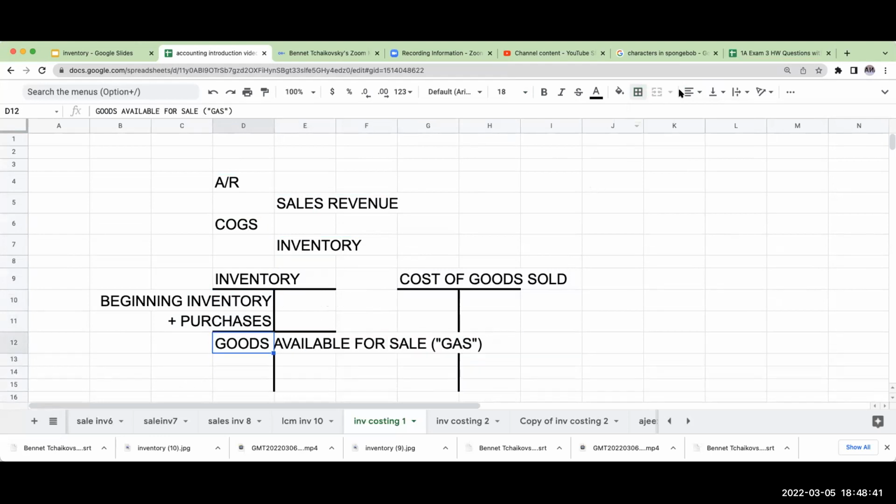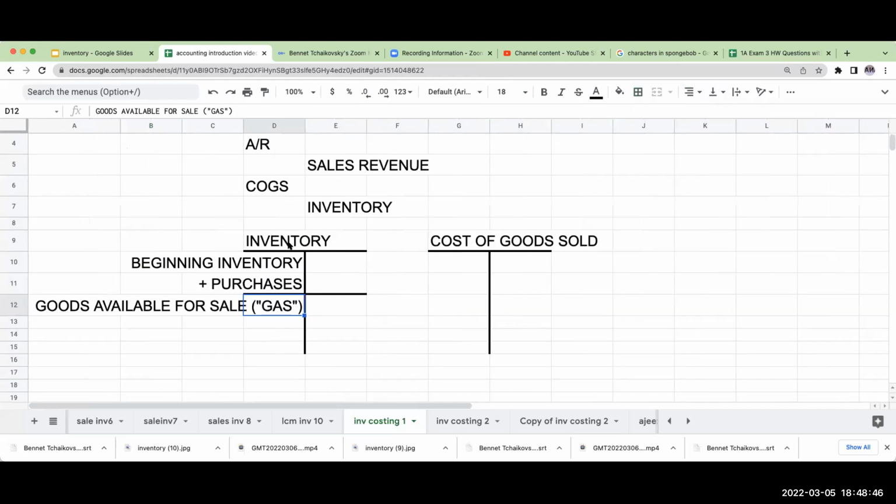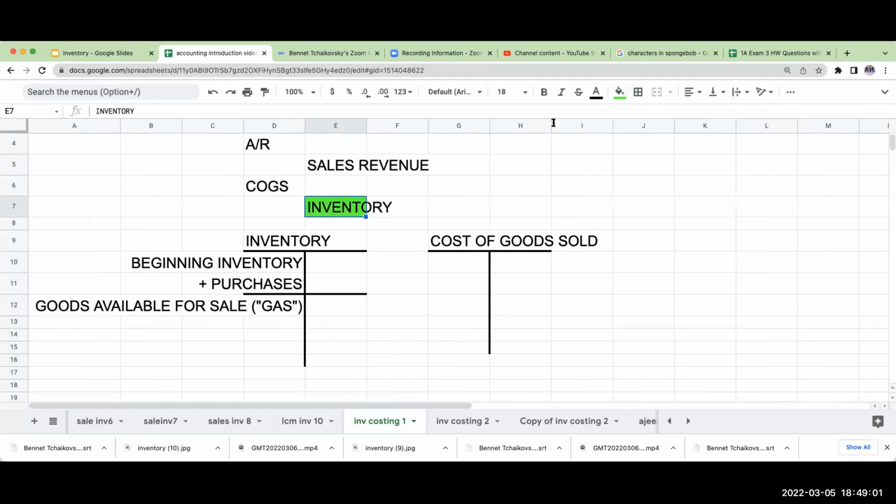So we have our beginning inventory plus our purchases gives us goods available for sale. Now, when we sell inventory, we're going to be crediting inventory right over here.